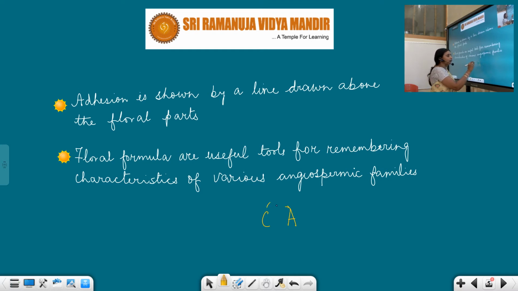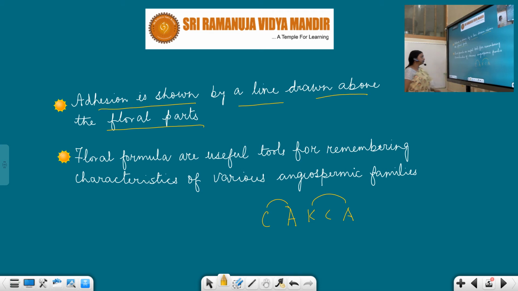So here you have to put a line above the floral parts. So adhesion is shown by a line drawn above the floral parts. And similarly, if this androecium is going to attach with K, then we show it like this.